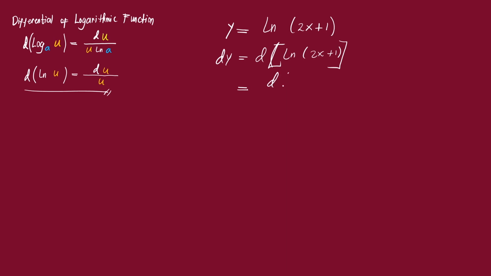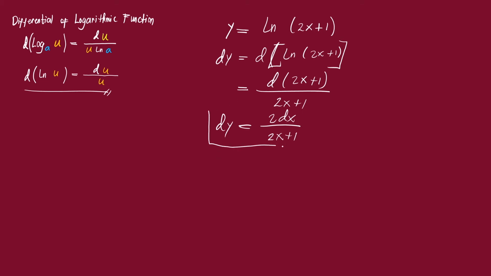This is the differential of 2x plus 1 all over 2x plus 1. Simplifying this one, the differential of 2x is 2 dx, all over 2x plus 1. This is our value for dy. So this is our answer. This is the differential of the function y equals ln of 2x plus 1.